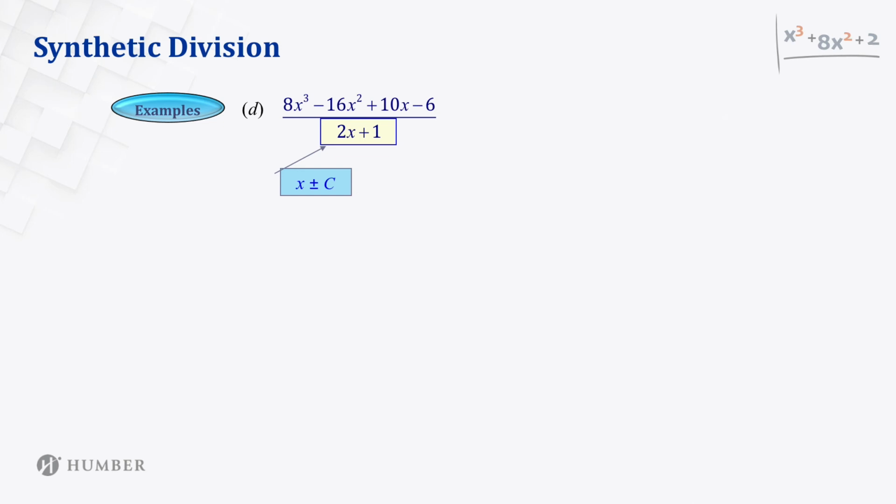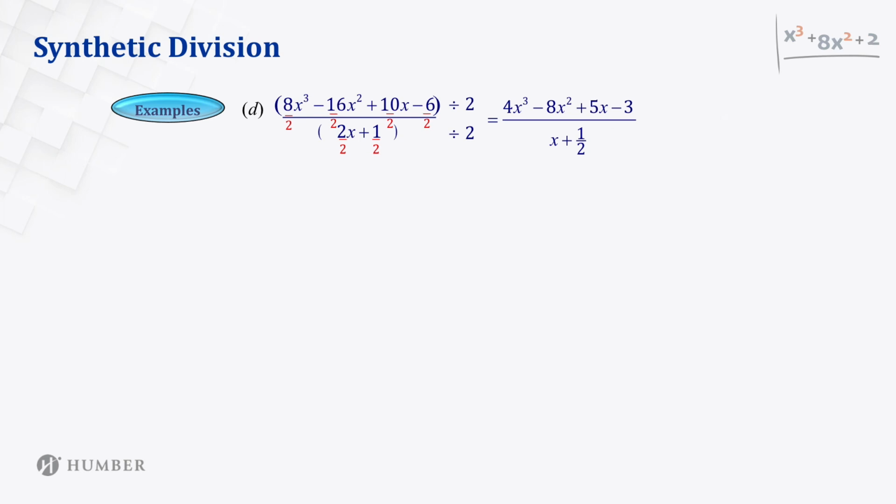However, we can divide everything by 2, and it would still not affect the quotient. So we divide every term of both numerator and denominator. Then we get the divisor as x plus half. Now we can apply our synthetic division process for this problem.